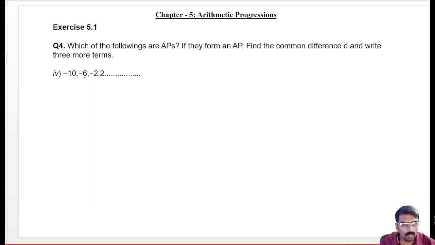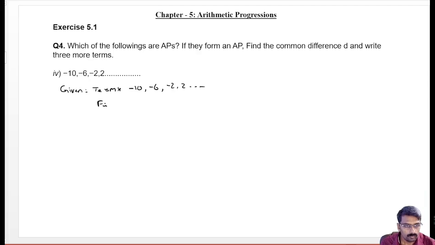Minus 10 comma minus 6 comma minus 2 comma 2. So this is our next sub question. Given terms minus 10 comma minus 6 comma minus 2 comma 2.